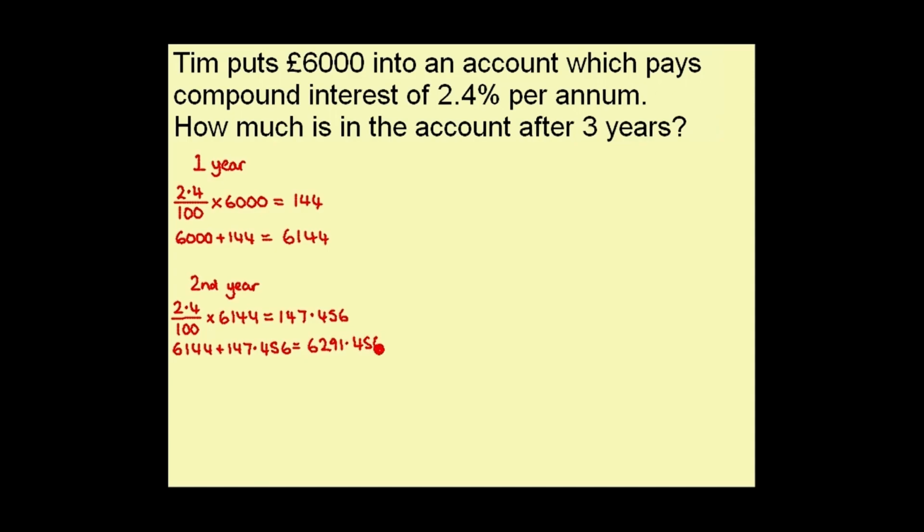6291.456. In the third year, he would earn 2.4% of this amount of money, which gives 150.994944, and this would be added on to this.